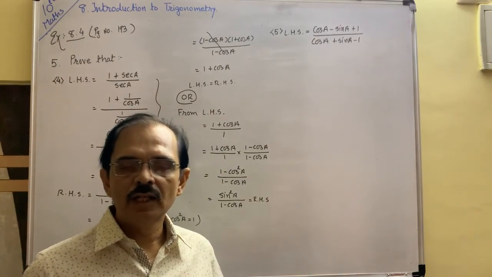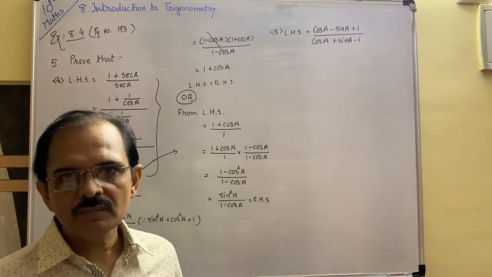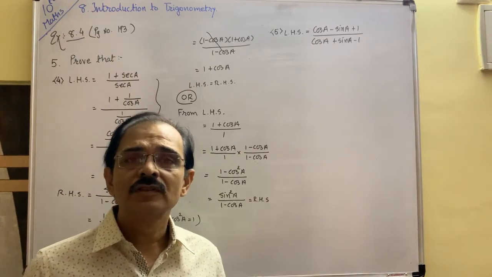Prove this with the help of only the given identity cosec square. I need cosec. You know that cosec is what? Reciprocal of sine.